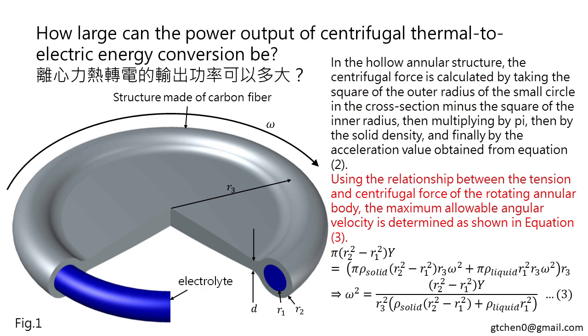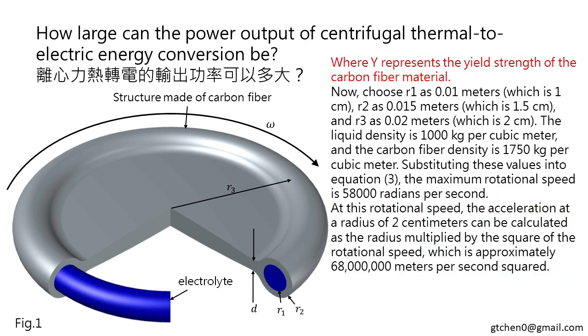Using the relationship between the tension and centrifugal force of the rotating annular body, the maximum allowable angular velocity is determined as shown in equation 3, where y represents the yield strength of the carbon fiber material.